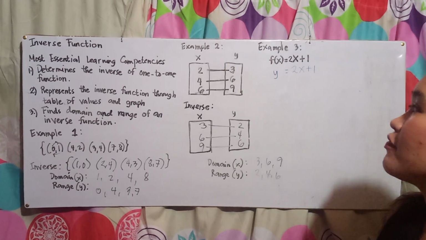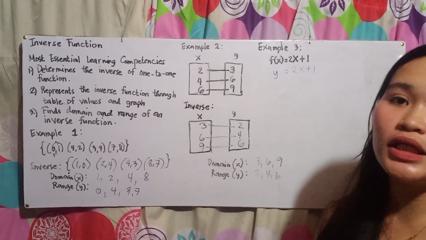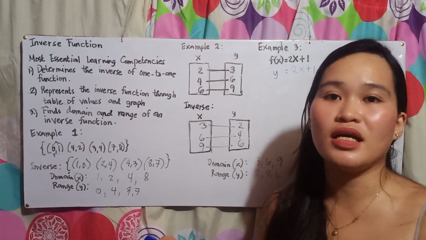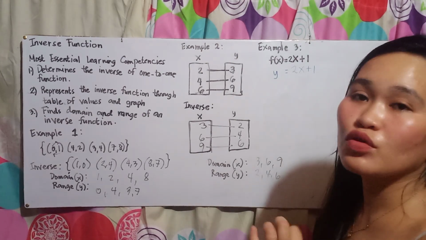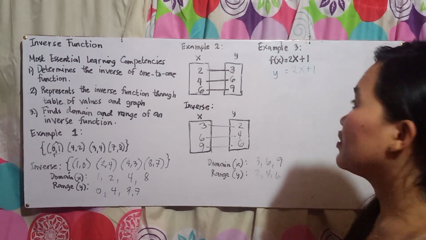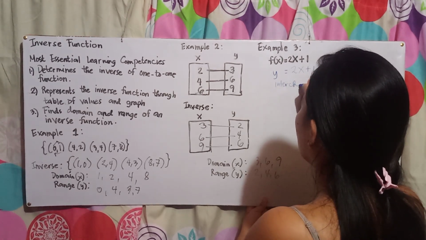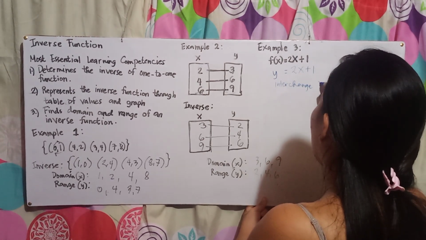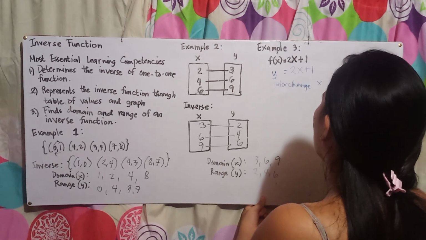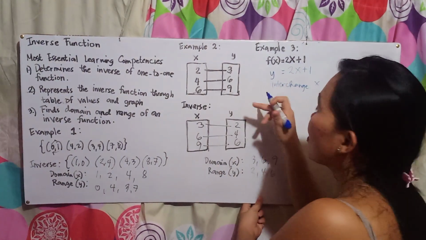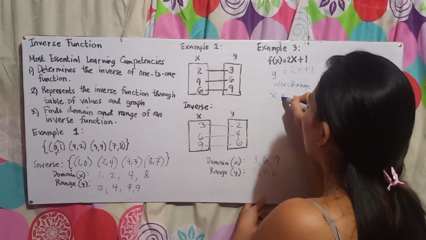So, to find the inverse, i-interchange lang nato ang x and y. Or i-swap nato ang x and y. So, interchange x and y. So, since y man na dira, mahimo na siyang x.